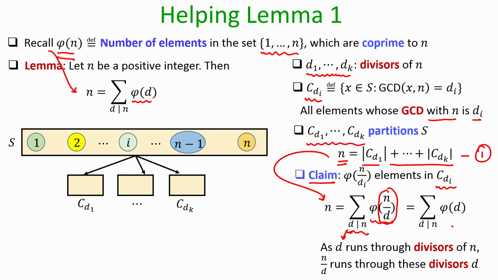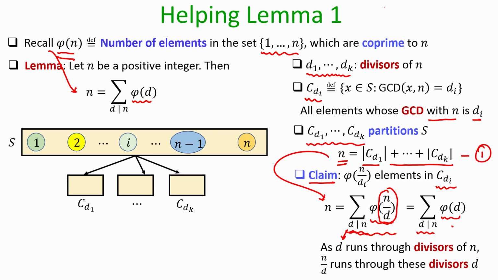That means whatever effect I obtain here, the same effect I will obtain if I run through the divisors of n in this summation, and instead of taking the summation over phi of n over d, I simply take the summation over phi of the various divisors itself. Very simple fact here.